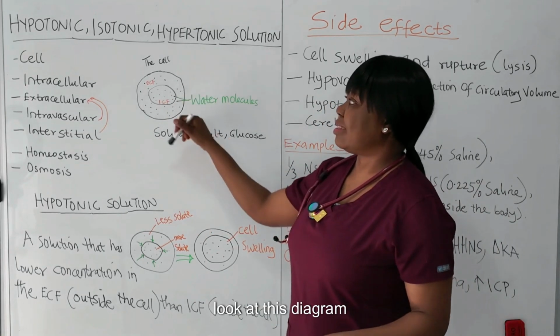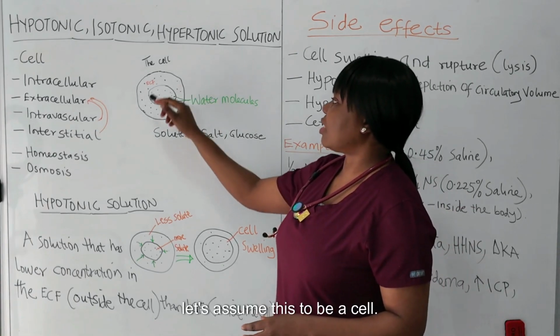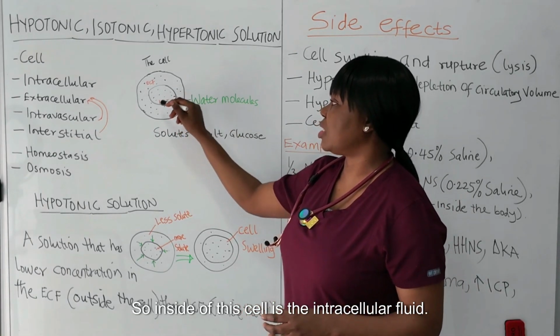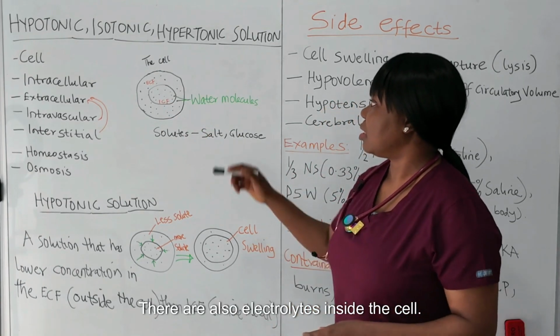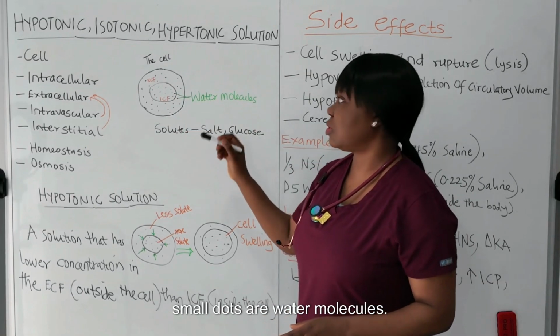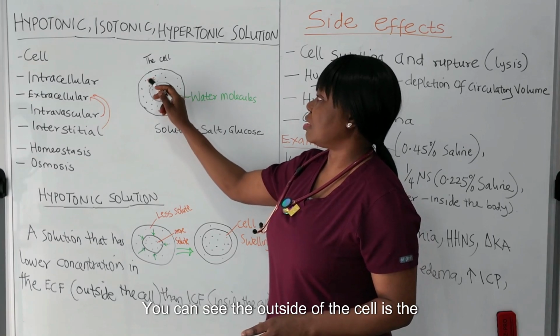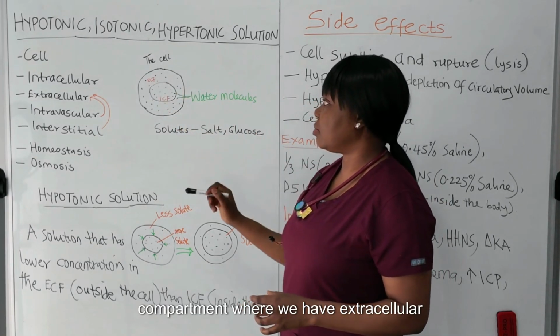So look at this diagram I've drawn here. Let's assume this to be a cell. Inside of this cell is the fluid. There are also electrolytes inside the cell. Then the extracellular compartment, these small dots are water molecules. You can see the outside of the cell is the extracellular compartment where we have extracellular fluids.